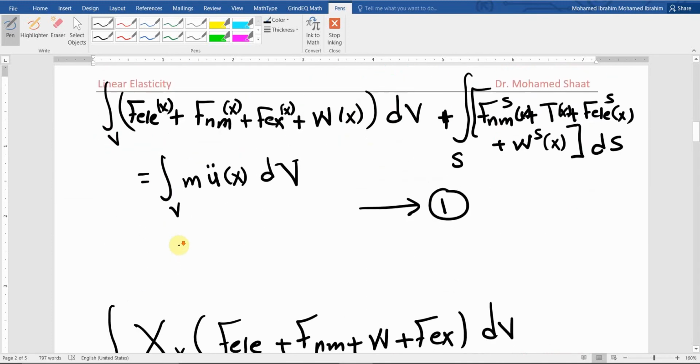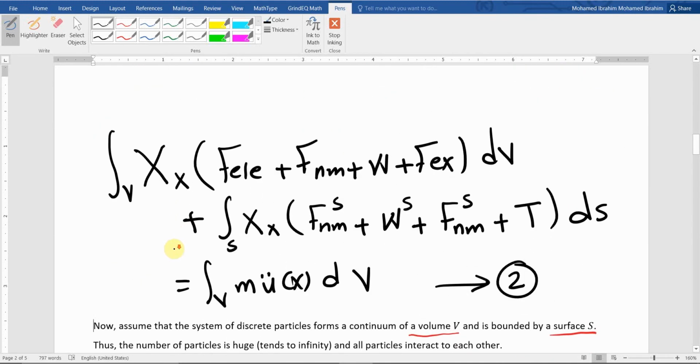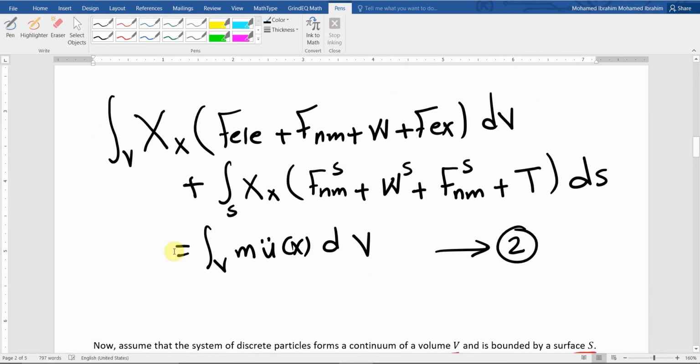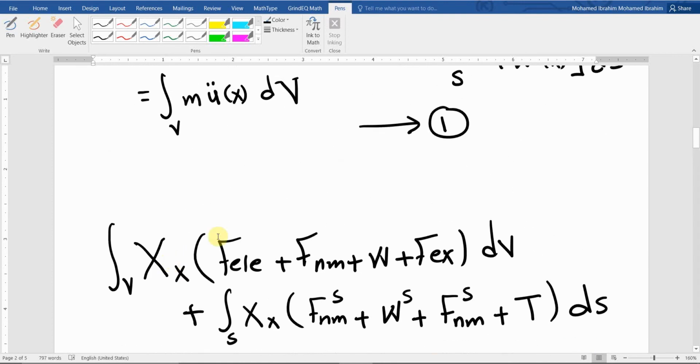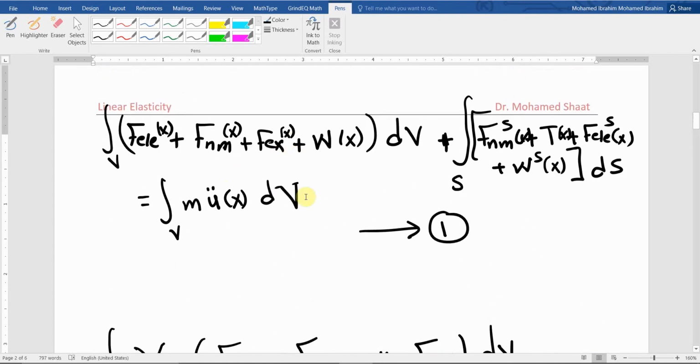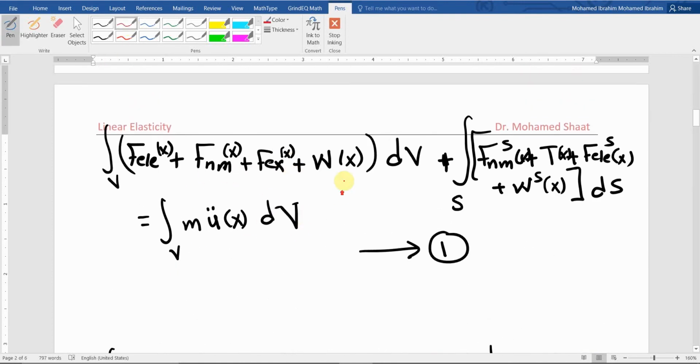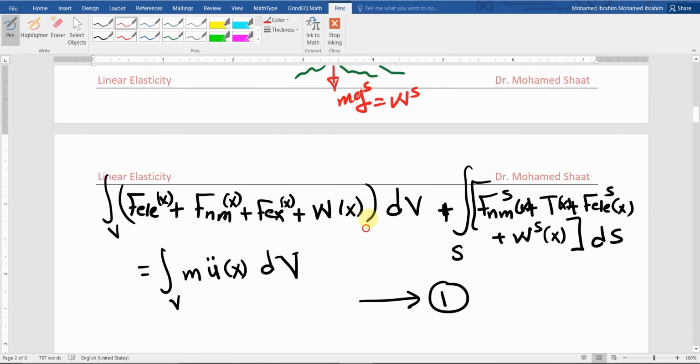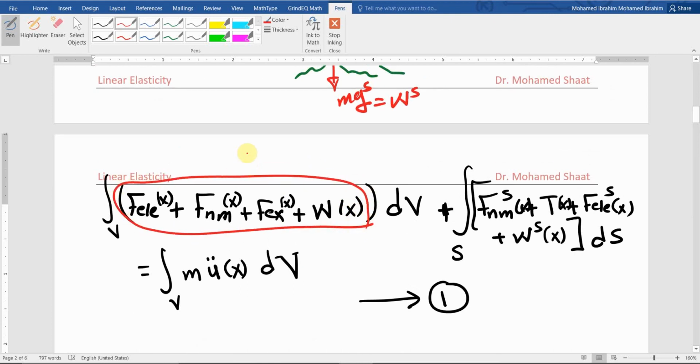Now let us do a little bit of simplification to this equation, because we had considered lots of force terms. How about if I decided to combine all of these force terms into just one force field as f of x? This is the total force, all the forces acting over the particle that is located inside the core of the continuum.